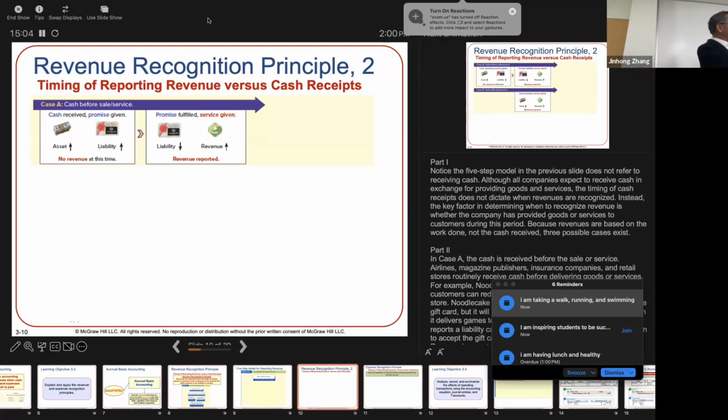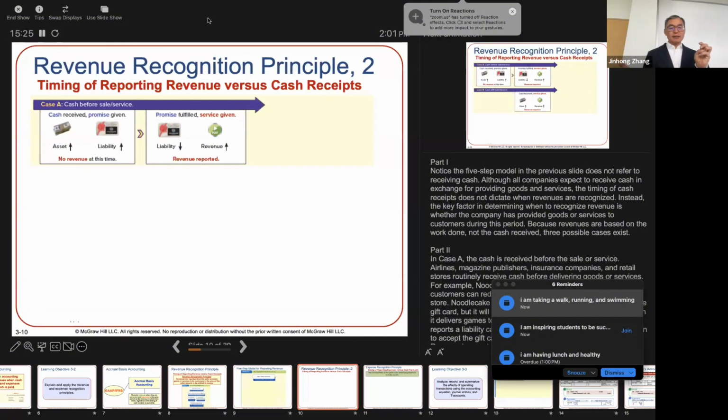So you increase cash, debit the cash, right? The other side of it is not revenue. It's a liability. You can call it prepaid revenue, you can call it that way. Actually it's a liability. You owe them, basically. That's the idea.